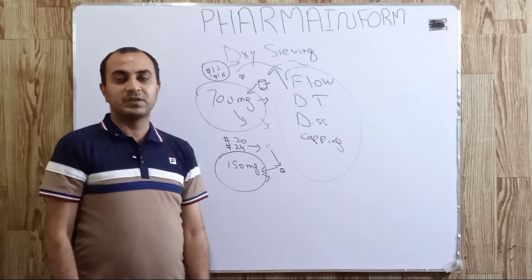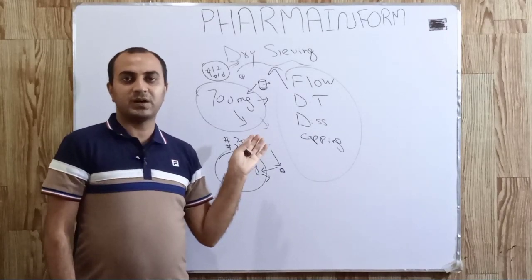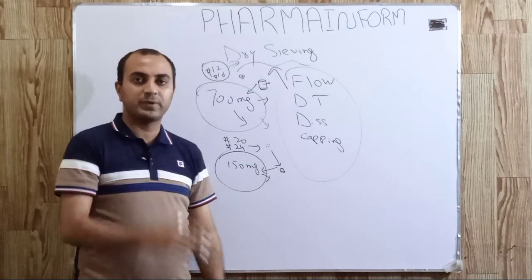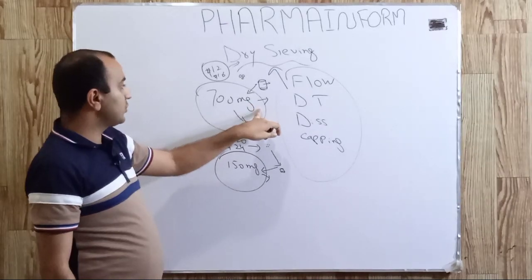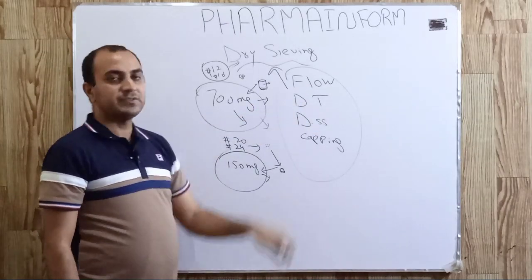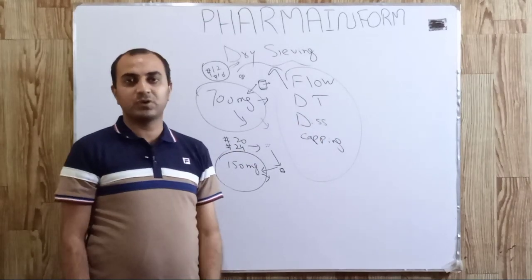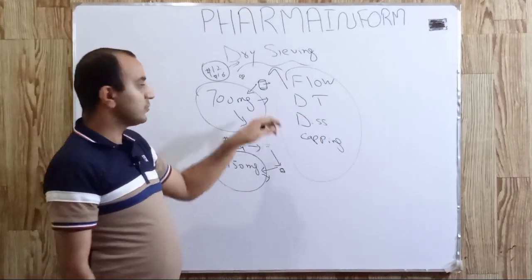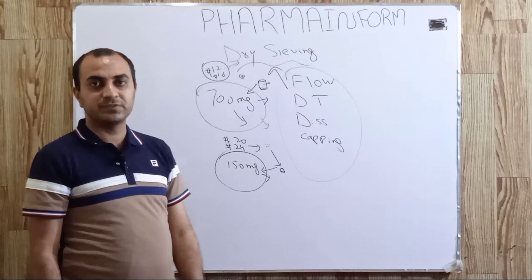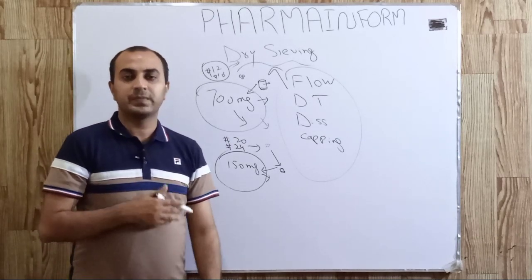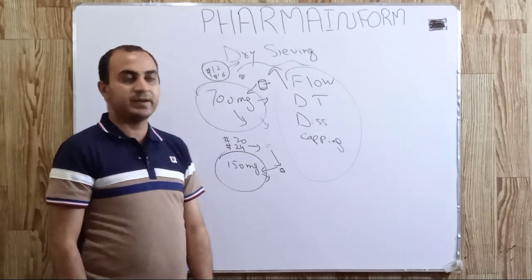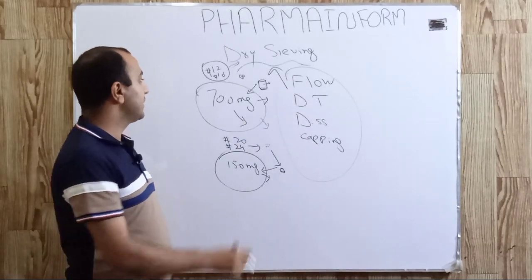if it is not disturbing our flow properties, due to the fact that our disintegration time is very high and dissolution profile is not okay, so we have to reduce the particle size to give a better dissolution profile and better disintegration time.